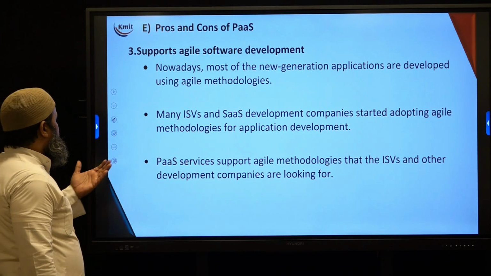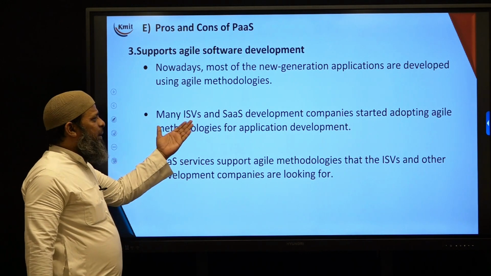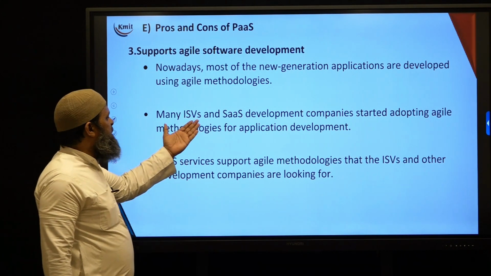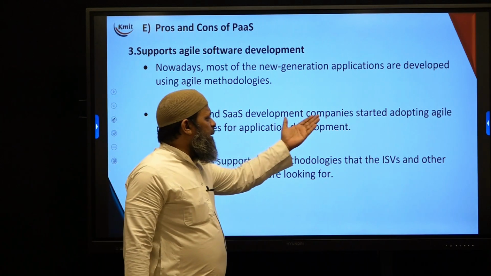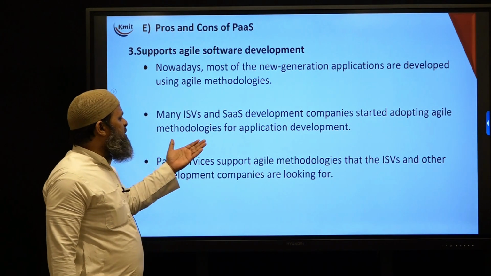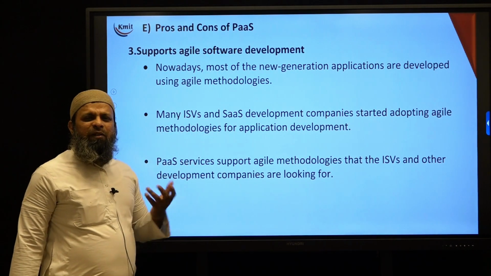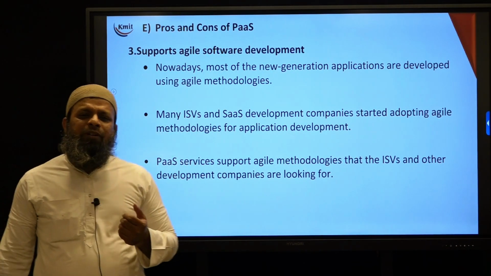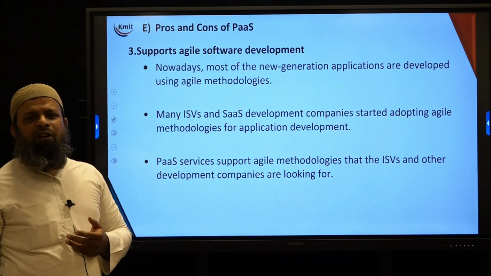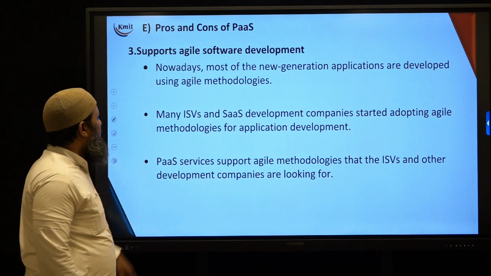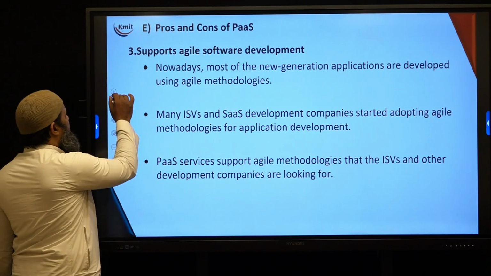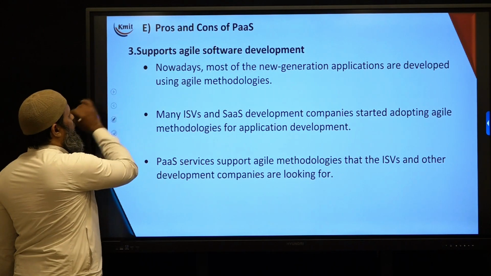That is why many ISVs, independent software vendors, and SaaS development companies started adopting agile methodologies for application development. As everybody is doing everything, everybody will be learning, development time will come down and applications are available in the market in less time. That is the second advantage when we are using PaaS, because it supports agile technologies.